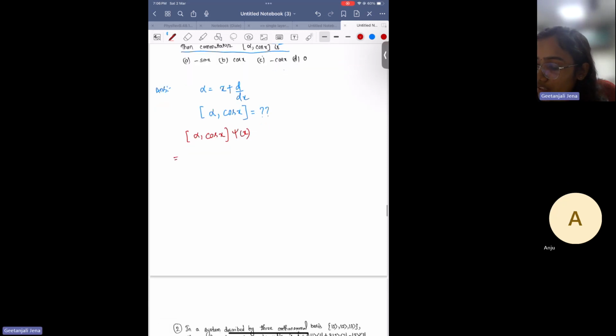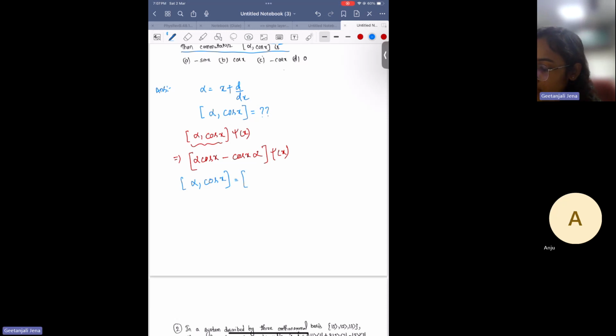Now you just use the property of the commutation relation. This is nothing but alpha cos x minus cos x alpha, acting on psi of x. Let's solve this one first.